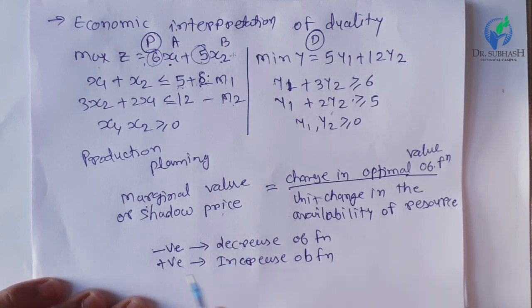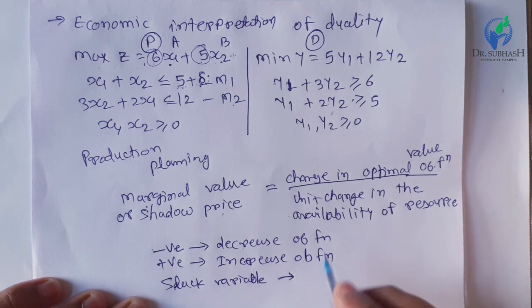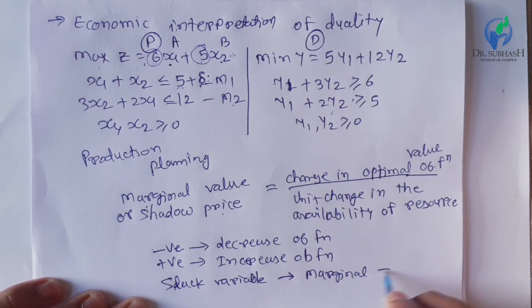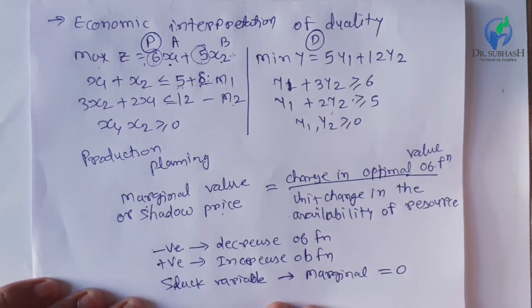When there is a slack variable available, it indicates the marginal value or shadow price equal to 0. So there will be no shadow price for a slack variable.